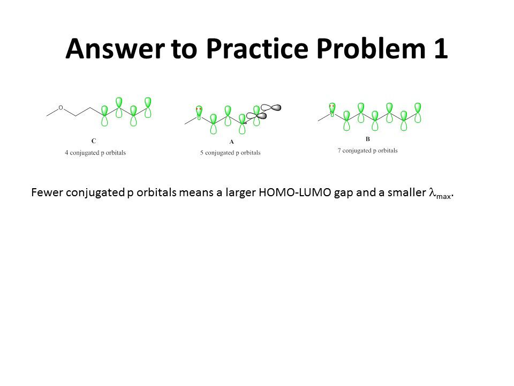A has 5 conjugated p orbitals, the lone pair on the oxygen, 4 more p orbitals in conjugation, and the fused carbon-carbon double bond at the end is perpendicular, as you see, thus it is not part of the conjugated system. 5 is 1 greater than 4, so that's in the middle, so that has a slightly larger lambda max and a slightly smaller HOMO-LUMO gap. Now we have B, which has a total of 7 conjugated p orbitals, and thus the smallest HOMO-LUMO gap and the largest lambda max.